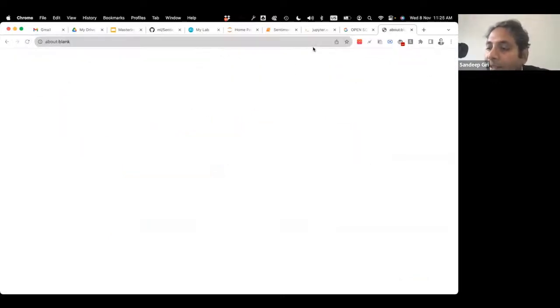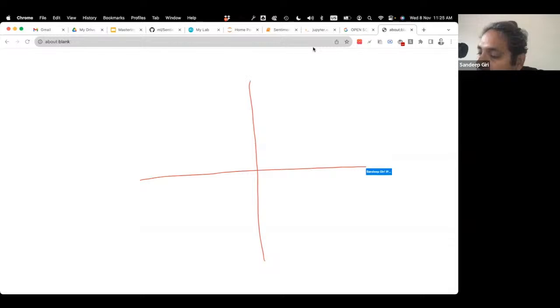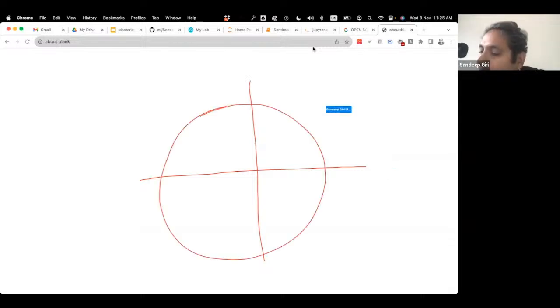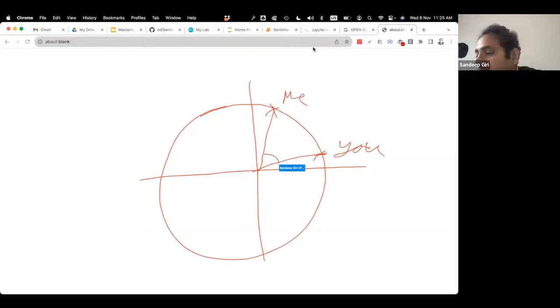Very interesting bit about it. So if, let's say, two points are on a circle, this is me and this is you. Now, if you measure this angle between me and you, or you find this distance, it's going to be the same.